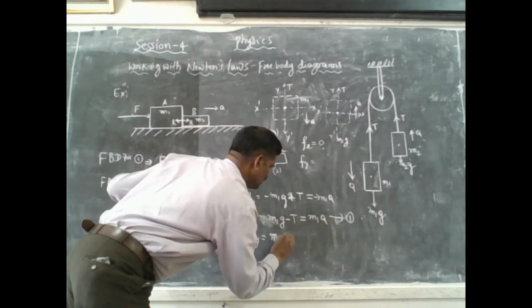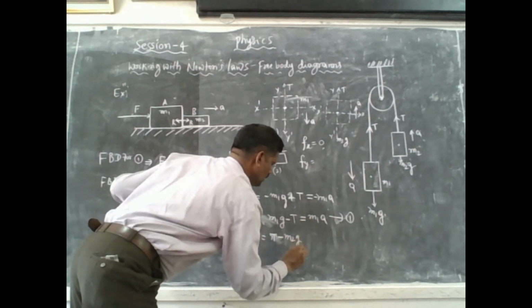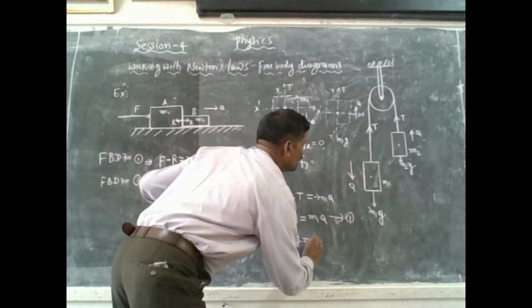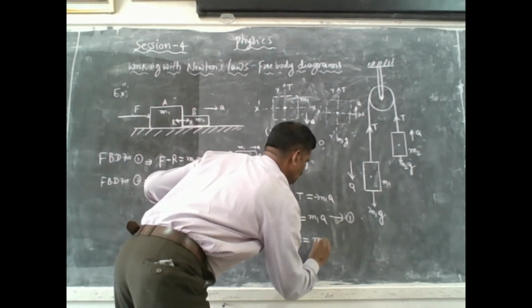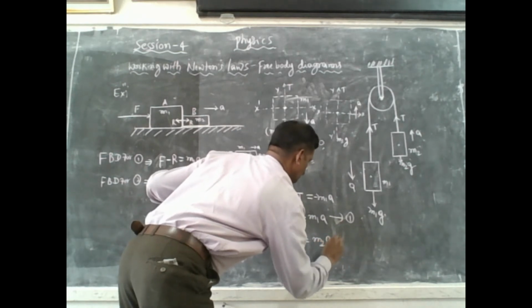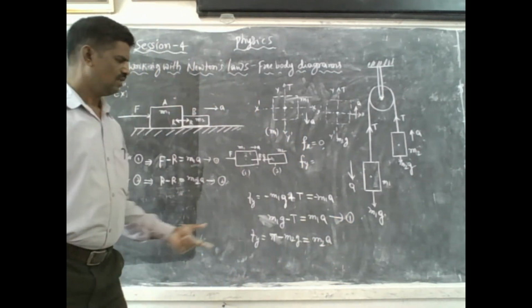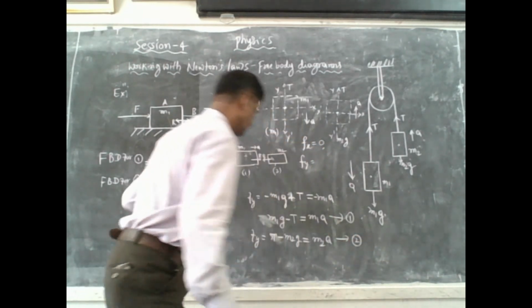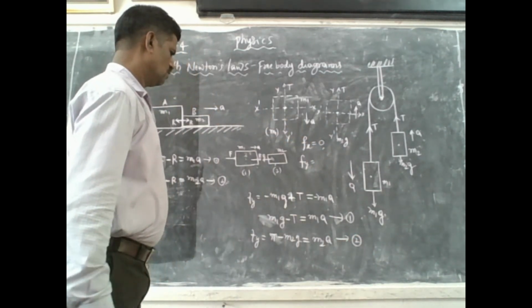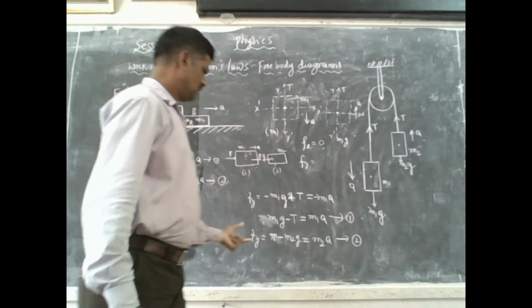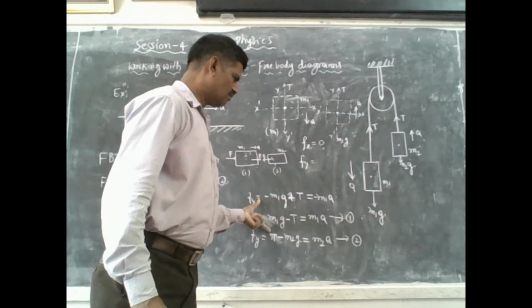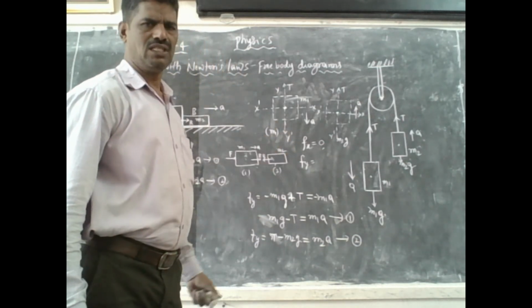Minus M2G equals M2A. M2A in upward direction. Equation number 2. So these are the equations. So in this way, we can form the free body diagram equations.